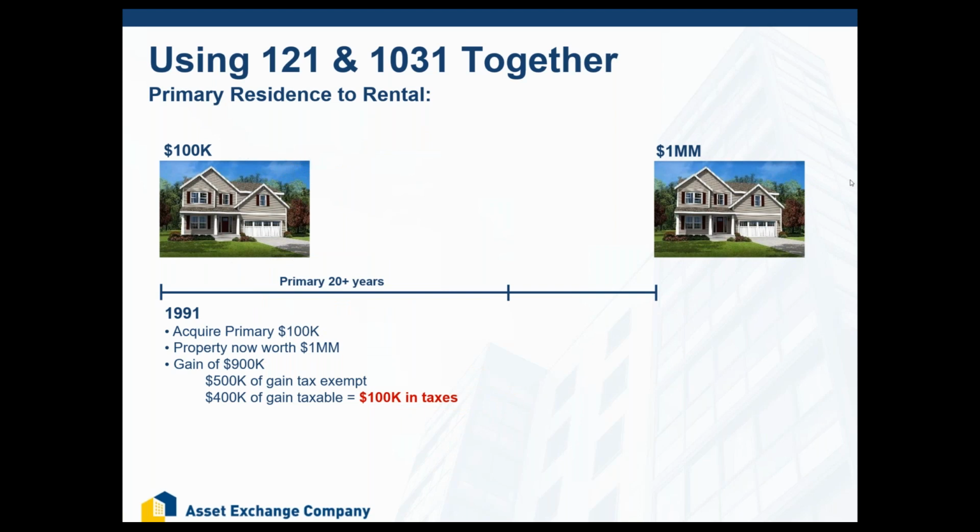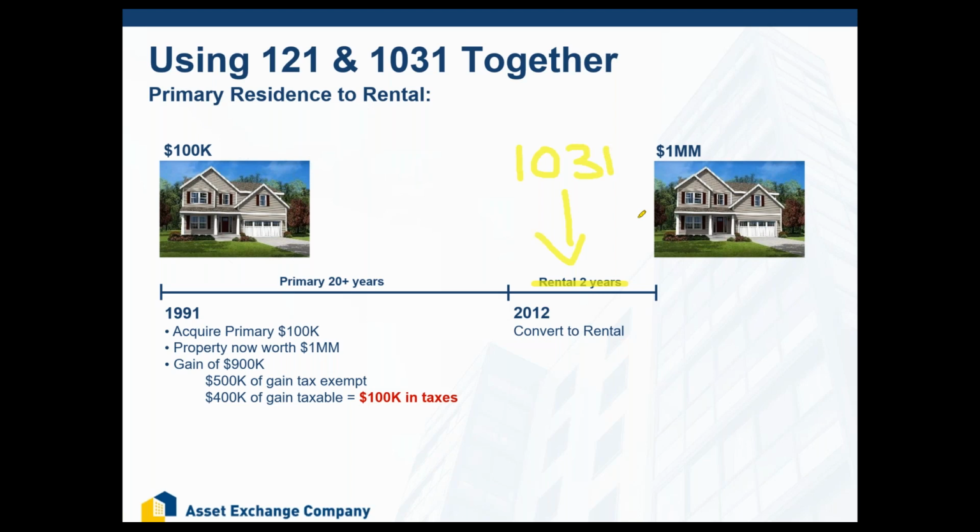So what do you do? Well, this is what I like to tell people to do. Don't sell it as a primary residence. Move out. Convert the property to a rental. Establish that property as a rental for at least 2 years so that when you sell it, you can do what? You can take the 1031.